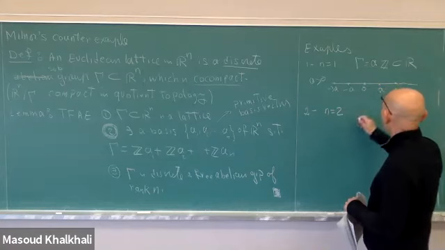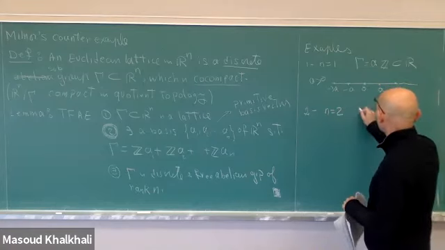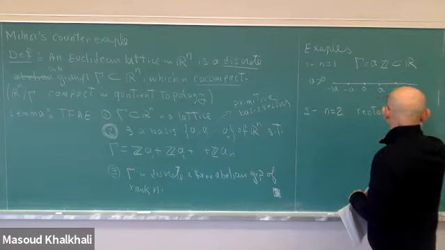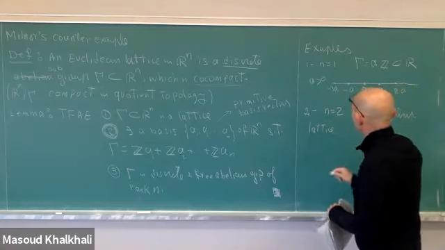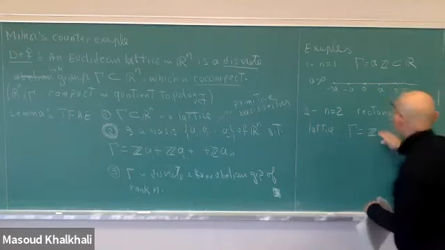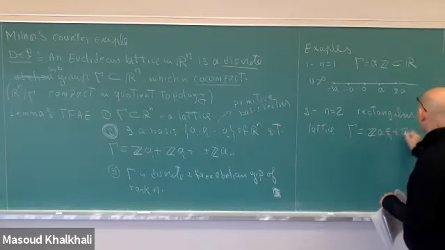We can think of, say, a rectangular lattice. So in this case, gamma is equal to Z A E1 plus Z B E2.